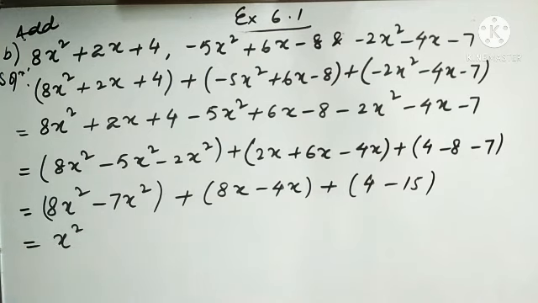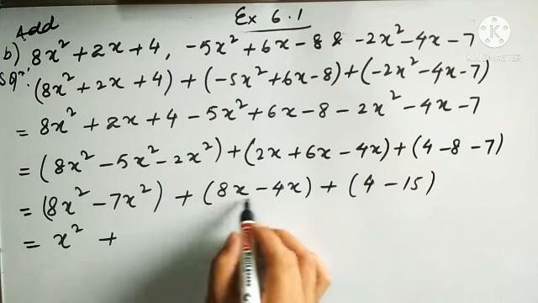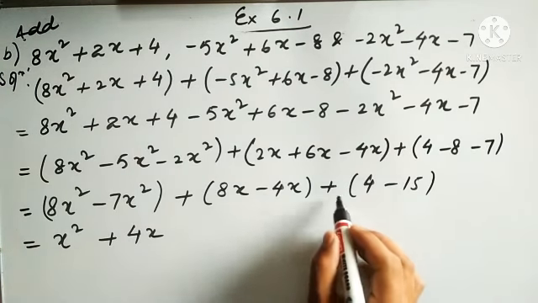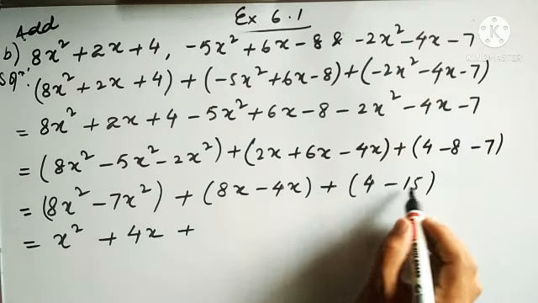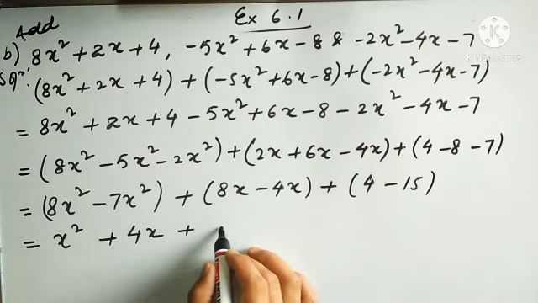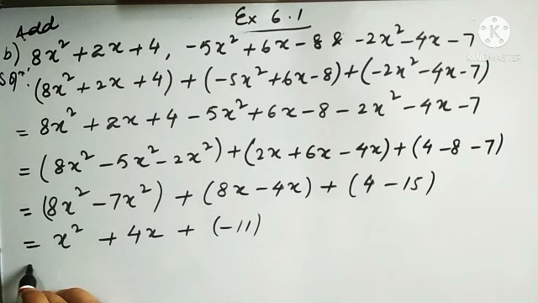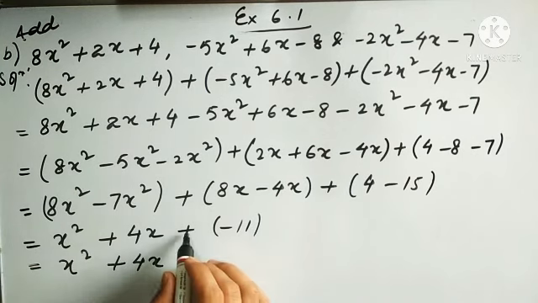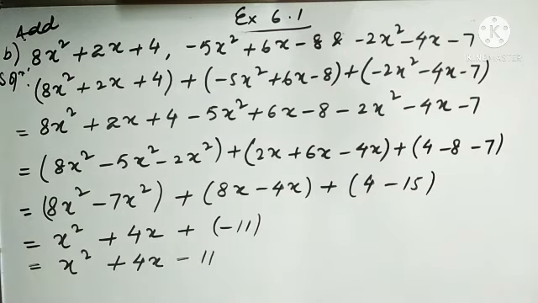So 1x square means you can just write x square. And then plus 8x minus 4x, you'll be getting 4x. Then plus 4 minus 15, you'll be getting how much? Minus 11. Then we have now x square plus 4x minus 11.